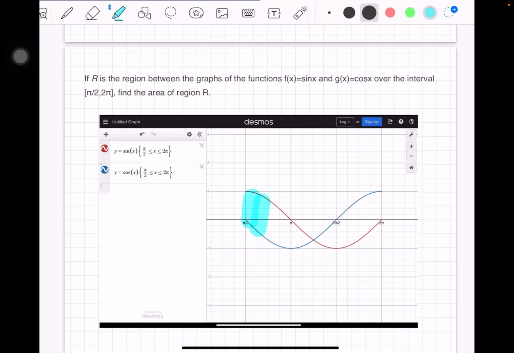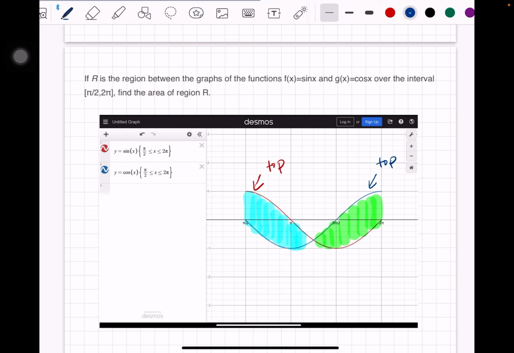However, we do see that this graph is in two pieces. The one on the left, the red line is on the top and the yellow one is on the bottom. However, for the graph on the right, the blue one is on the top and the red one is on the bottom.